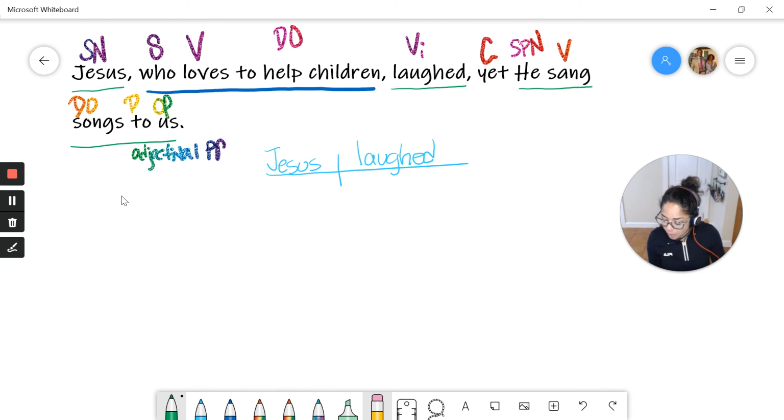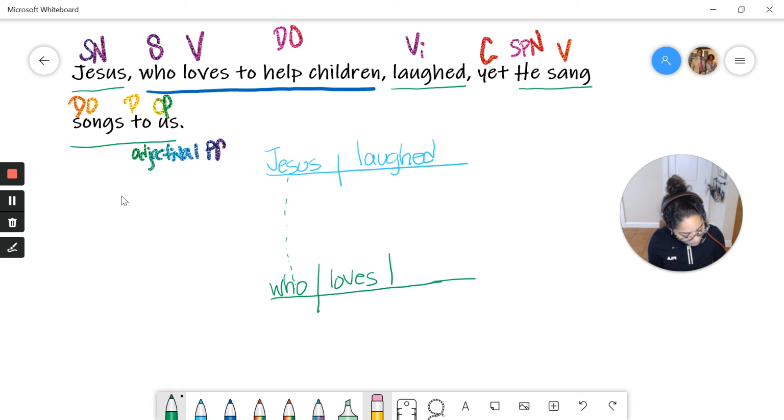So we're going to write our dotted line all the way down because we have to make room for another sentence too. So this is going to be who loves to help children. So let's see how we got to make this fit. So the who has to be here. So it's going to be who, right? Then loves. And our direct object is going to be like this.